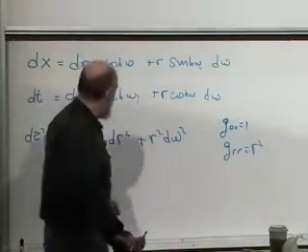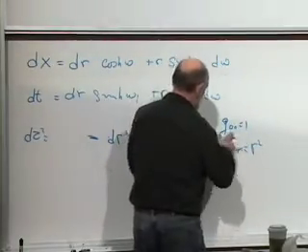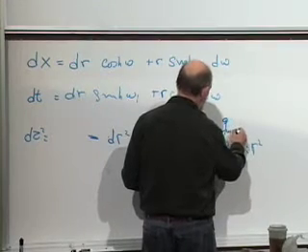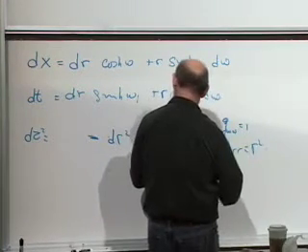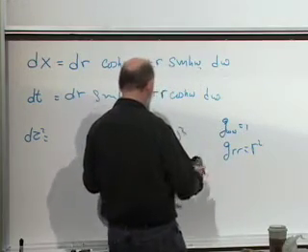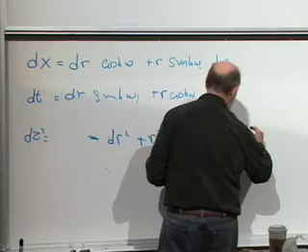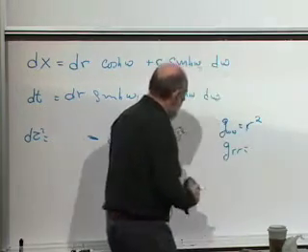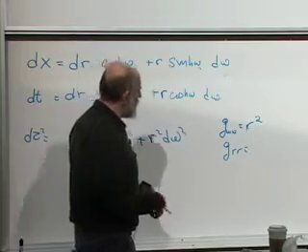G omega omega equals r squared, and g r r equals minus 1.